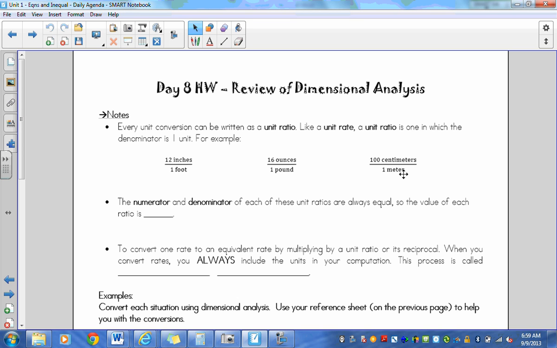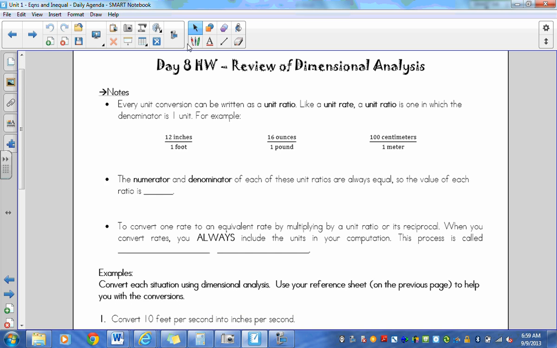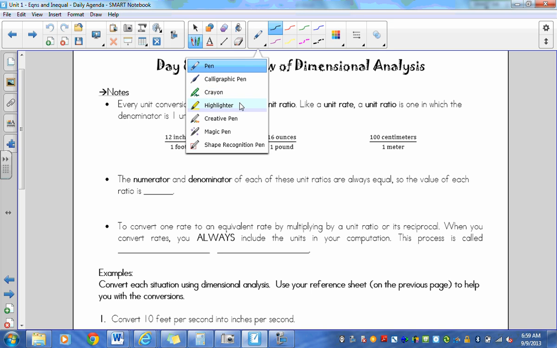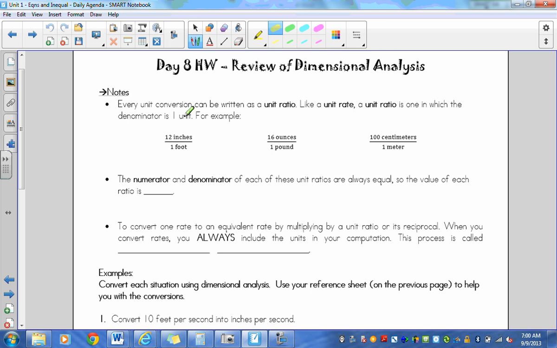So when you multiply by this unit rate or unit ratio, you are not changing the value of the rate because you're multiplying by 1. The numerator and denominator of each of these unit ratios are always equal, so the value of each ratio is 1.